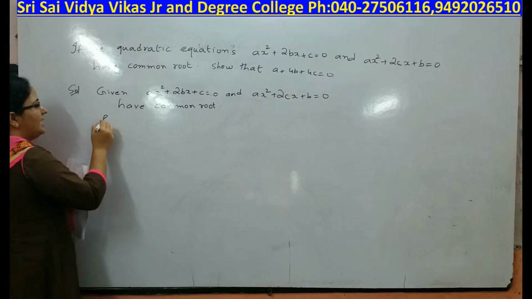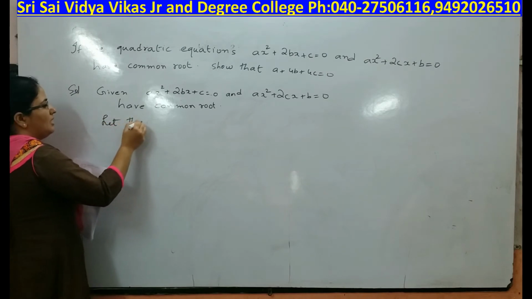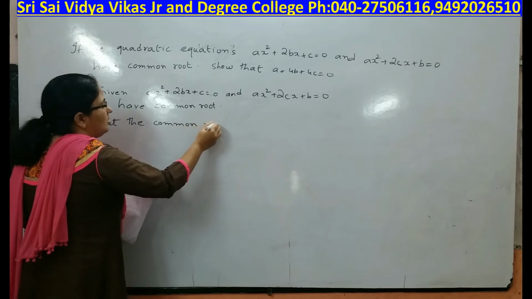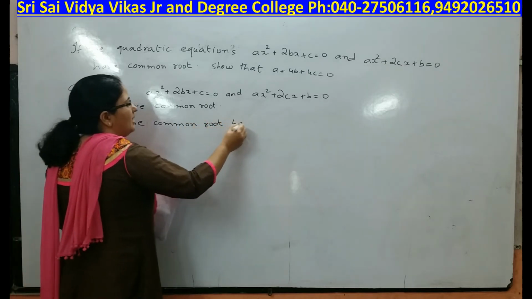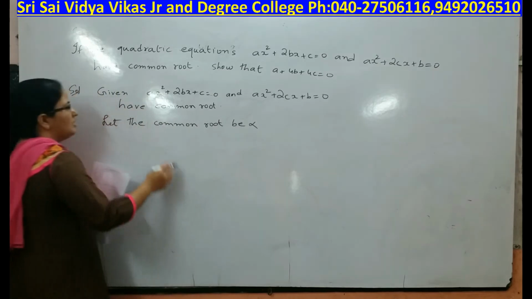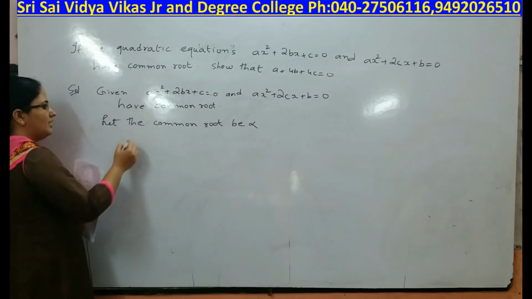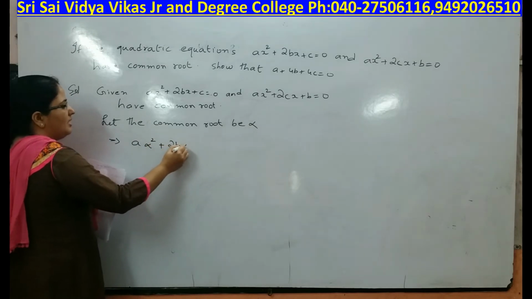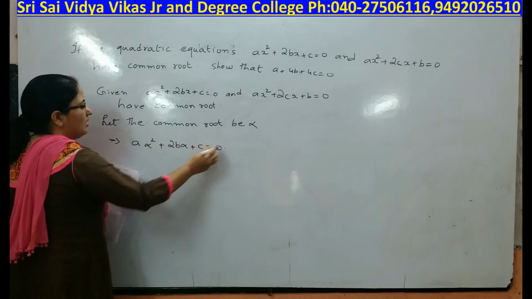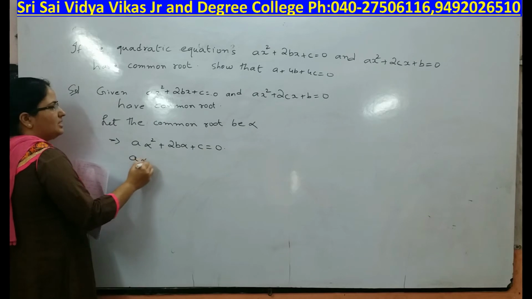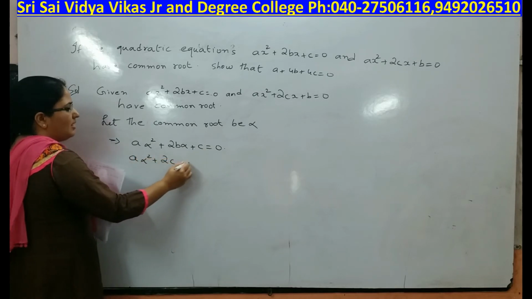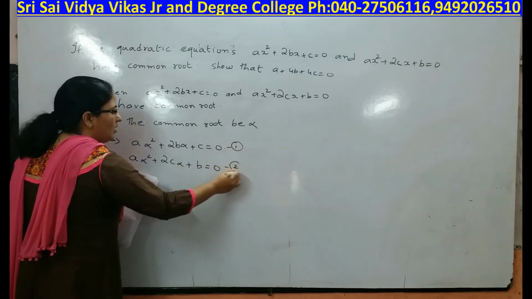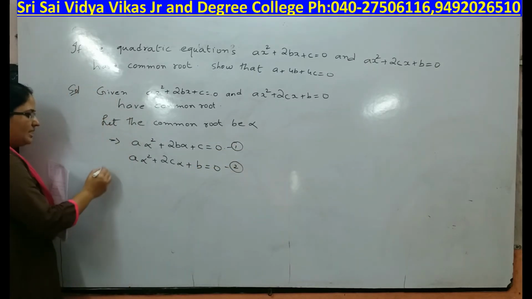So let the common root be alpha. So what do you get if you substitute alpha here? This implies a alpha square plus 2b alpha plus c is equal to 0 and a alpha square plus 2c alpha plus b is equal to 0. Let us call this equation 1 and this equation 2.